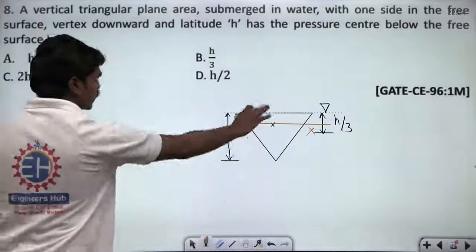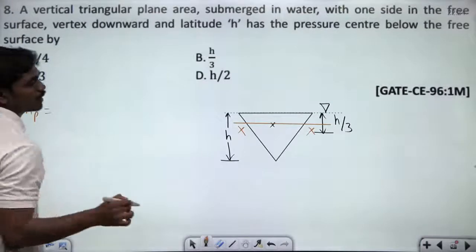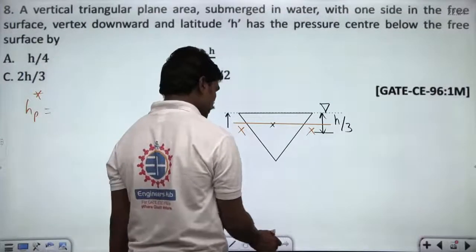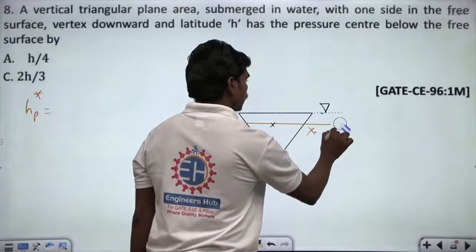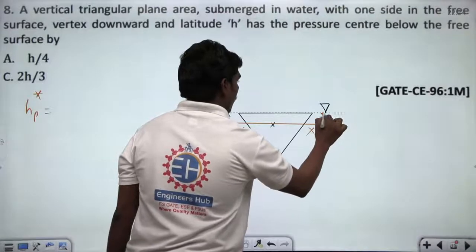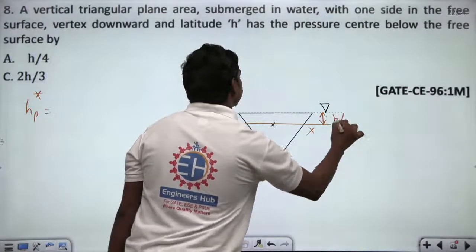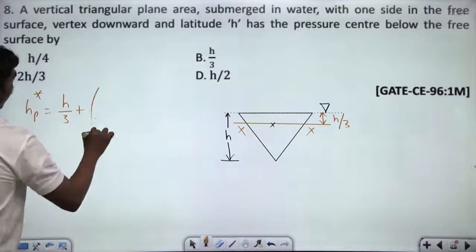Now this is vertical. If you want to calculate your center of pressure, which we calculated yesterday, since some of you didn't attend yesterday's class, I want to repeat this. See here, this height is H by 3. So H by 3 plus I_G.